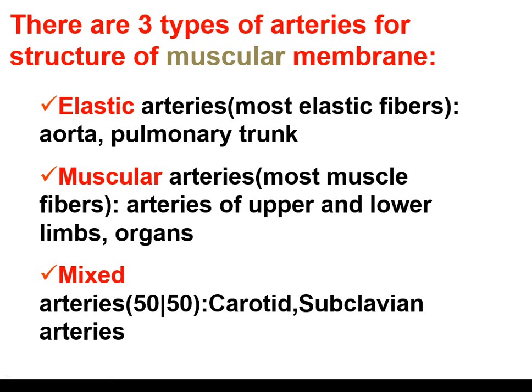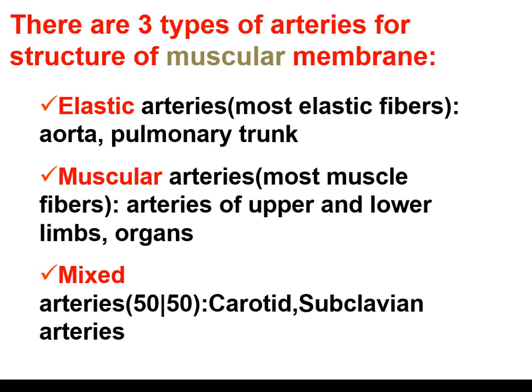There are three types of arteries according to the structure of the muscular membrane. First, elastic arteries. Inside the elastic arteries are mostly elastic fibers. Examples of elastic arteries: aorta, pulmonary trunk. Second type, muscular arteries. Inside the muscular arteries are mostly muscular fibers.